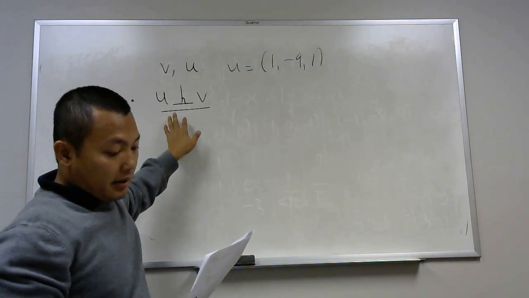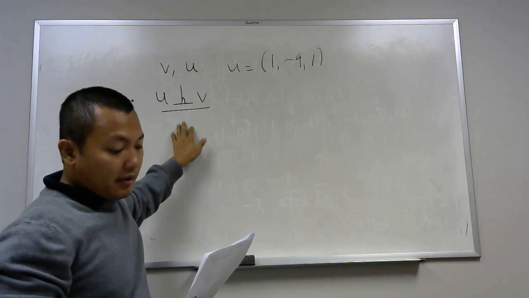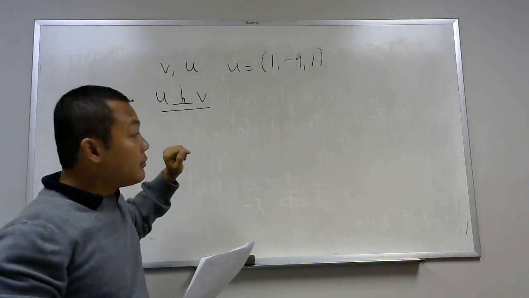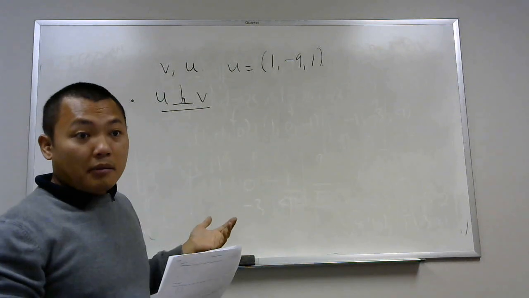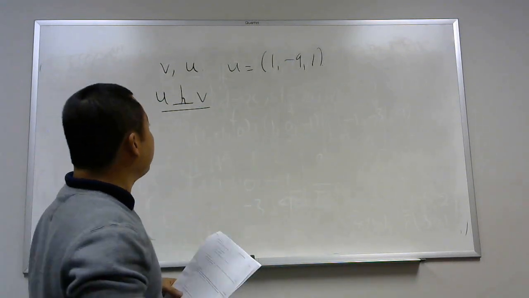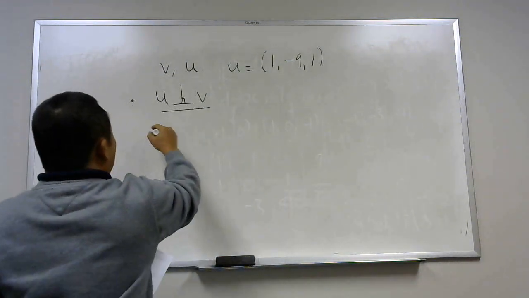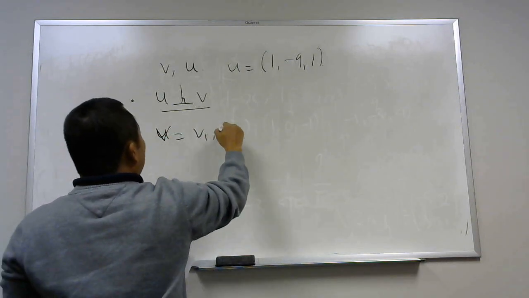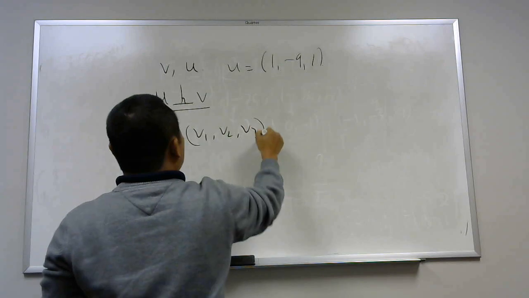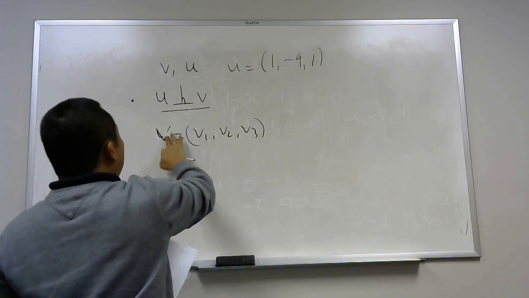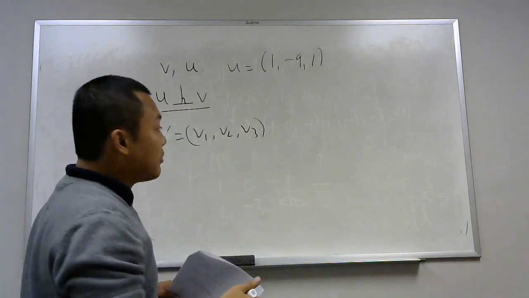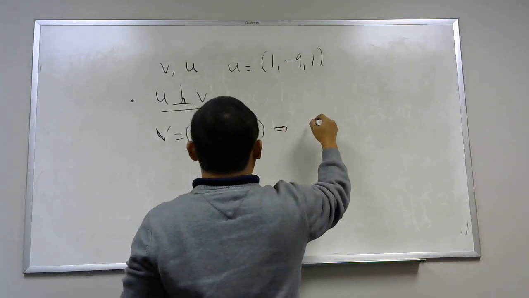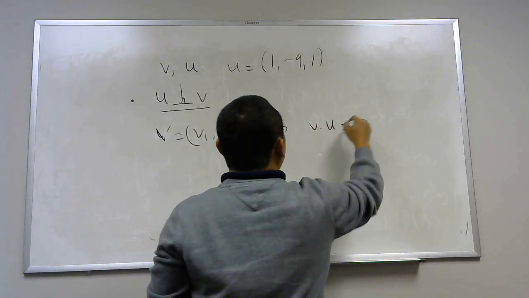In this case, we consider vectors in R3, so we just use the dot product. Say v is (v1, v2, v3). Since v is orthogonal to u, the dot product of v and u is 0.